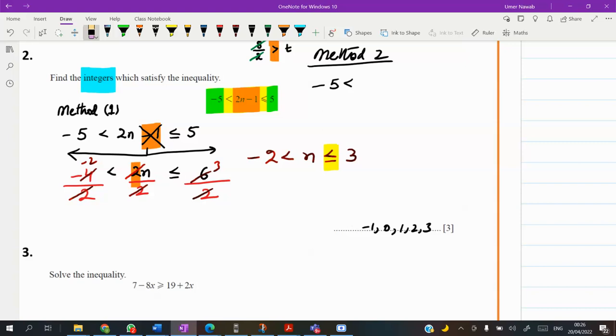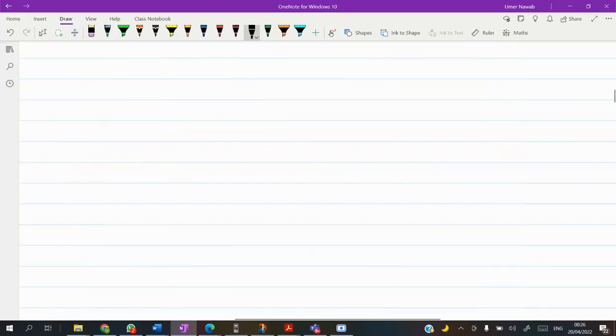So method number 2 says that we need to split the given inequality into two inequalities. So minus 5 is less than 2n minus 1, and 2n minus 1 is less than or equal to 5. Let me explain you here. He gave you minus 5 less than 2n minus 1 and less than or equal to 5.